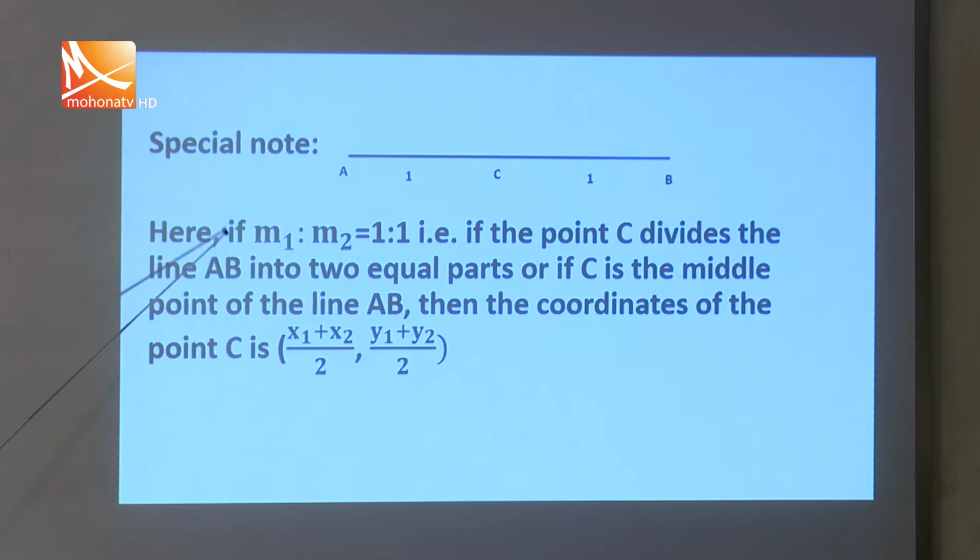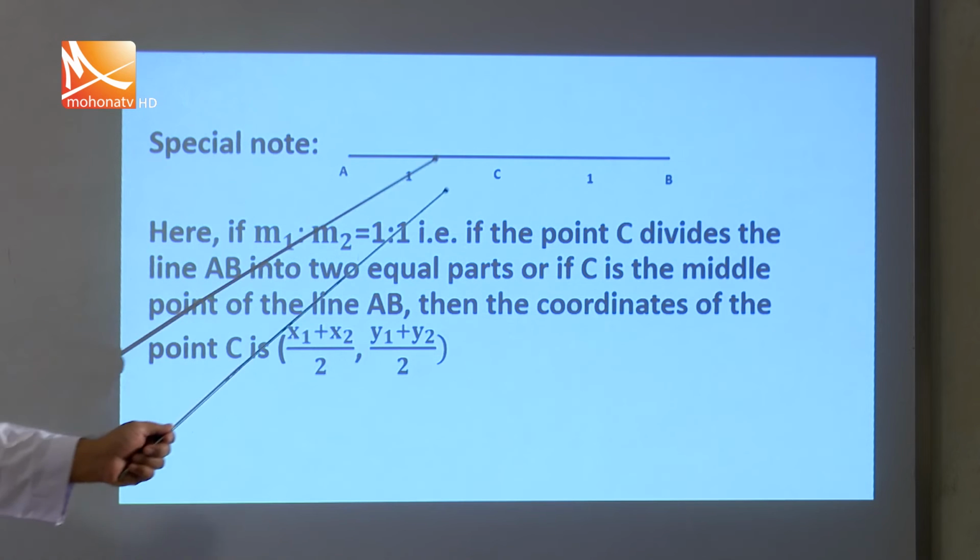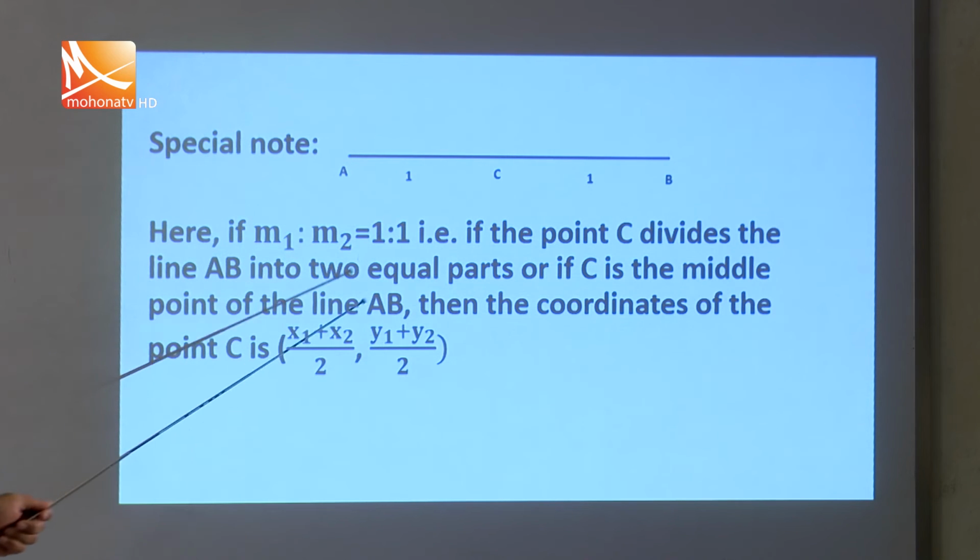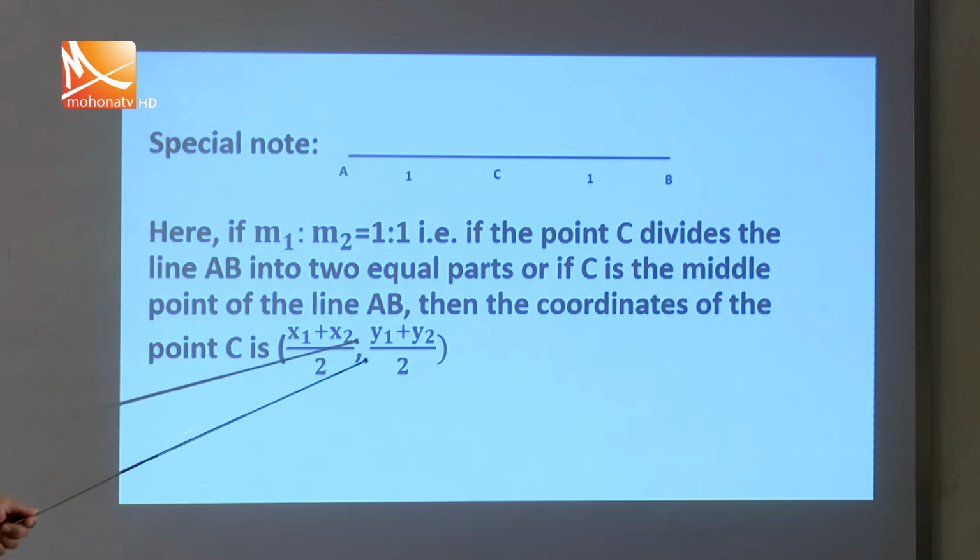If m1 is to m2 equals 1 is to 1, it means that if C divides the line AB into two equal parts, that is, if C is the midpoint of the line AB, then the coordinates of the point C are (x1 plus x2) by 2 and (y1 plus y2) by 2. Since the value of m1 is 1 and the value of m2 is 1, that's why m1 plus m2 equals 2.